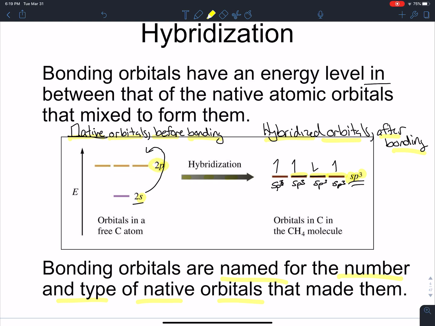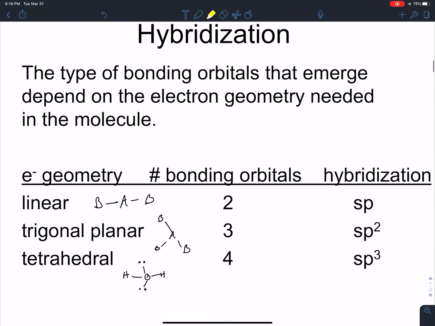So again, he first theorized that one of the electrons was boosted to a p, and then he theorized that all of them were converted. So we have an electron that originated from the s, and then the electrons that originated from the 1, 2, 3 p's. So we have sp3 as the resulting name.